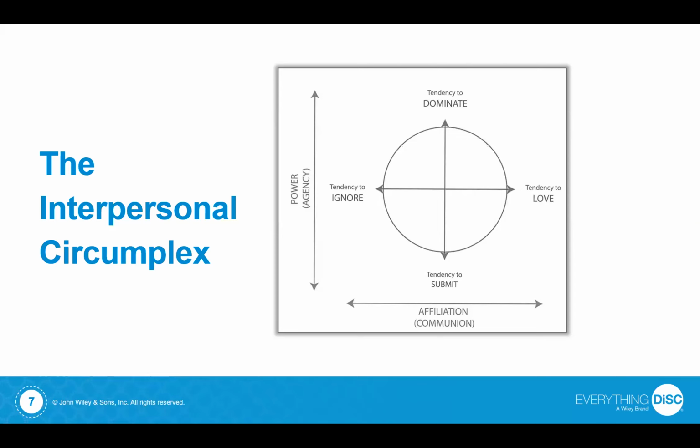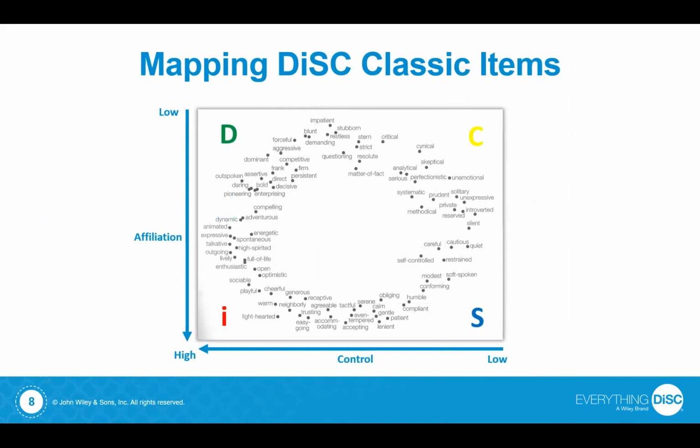But just to transition for those of you who would be familiar with DiSC Classic, I'm sure there's people here familiar with it. It started with this when it was DiSC Classic, or maybe even before that. But in the early 2000s, a psychologist working with what is now Wiley noticed through doing some data analysis that the words being used to score the DiSC Classic profile, when mapped against control and affiliation, formed a circumplex.